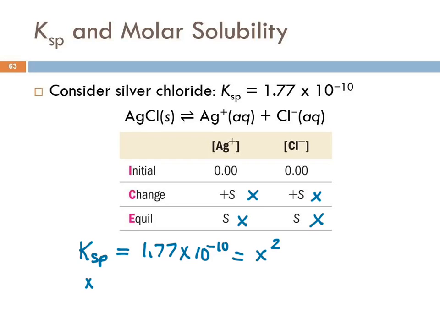So molar solubility for this guy equals 1.33 times 10 to the minus fifth moles per liter. That's pretty low. From the solubility rules, we said that silver chloride was not soluble. And it is not appreciably soluble. This is a very small concentration. Any questions?